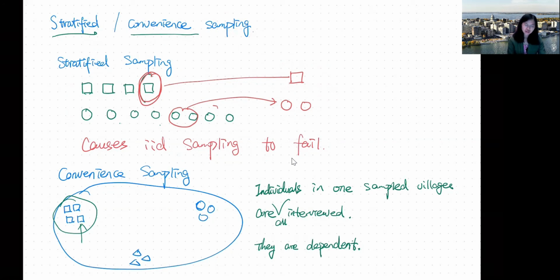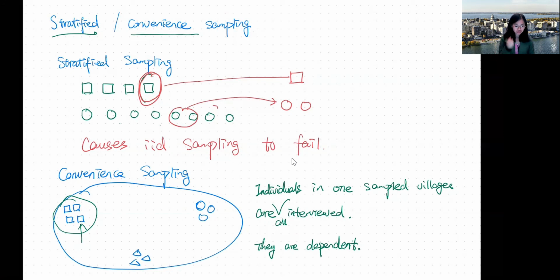The second type of sampling technique is convenience sampling. That's also very useful in practice and used a lot. I will give you a scenario where this is very useful. Suppose that you want to study a rural population, say their income, their labor input, and their health condition, and so on.